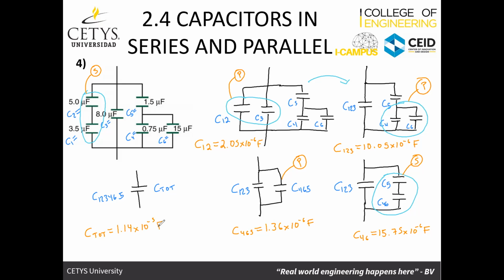It's 5 farads, which would be 1.14, or 11.4 times 10 to the minus... But both of these are to the -6, the 1.36 and the 1575.